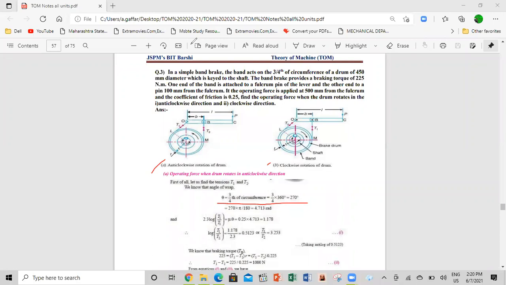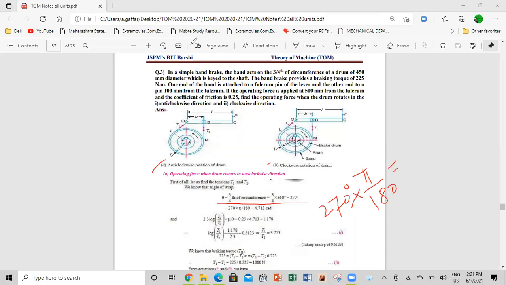Now convert degrees into radians. For converting degrees to radians, we need to multiply the value in degrees by pi by 180.